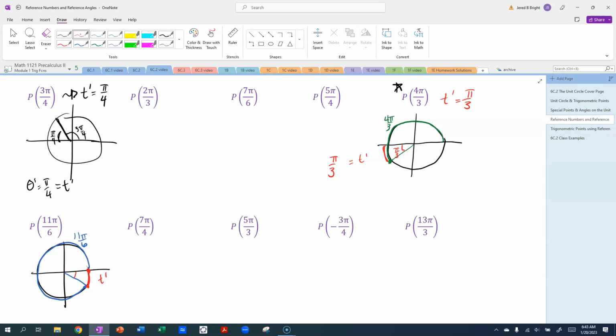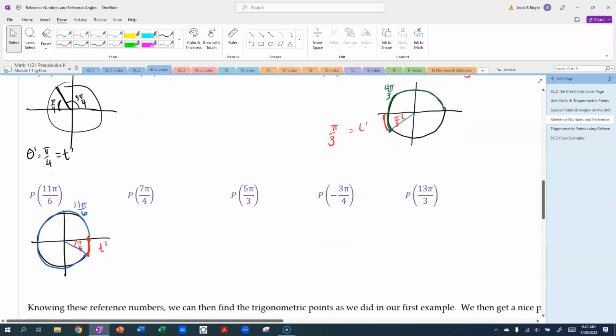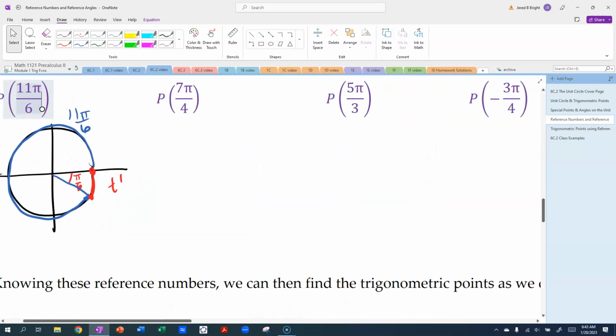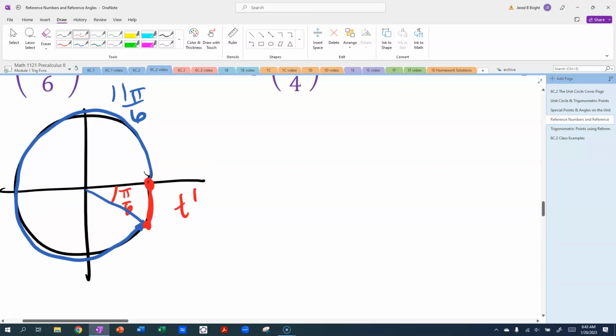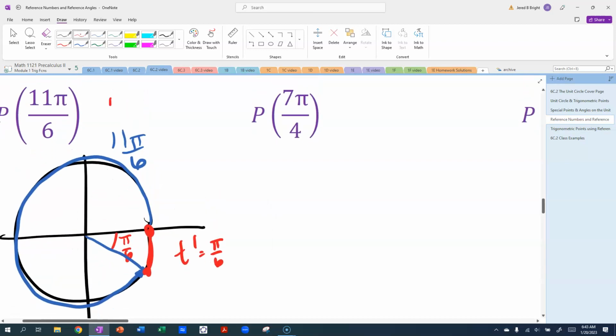And here, I think about the angle. The angle here would be pi over 6. It's super tiny. Let me maybe zoom in. There's our t prime, or our theta prime, right? Theta prime, our reference angle is pi over 6, so that is the same as our t prime. I'm just going to make note of that. T prime here is equal to pi over 6.